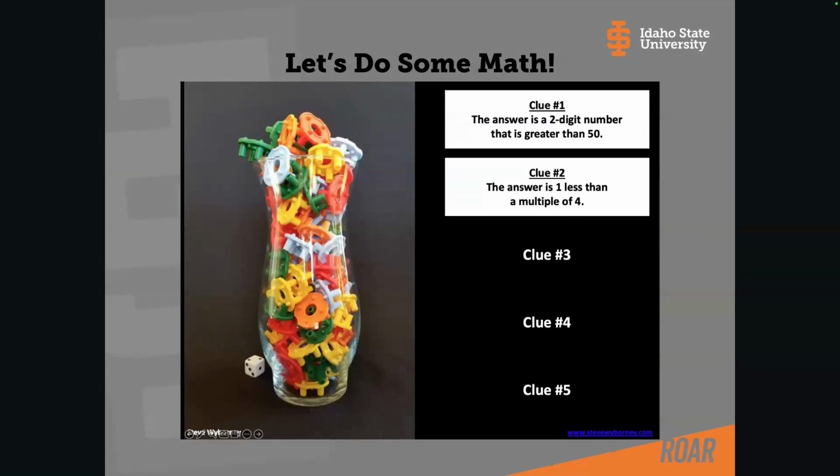It's a two-digit number that's greater than 50. The answer is one less than a multiple of four. You guys were going to make an estimate at the beginning. Check the reasonableness of your estimate. If you think it's no longer reasonable, make a new estimate.